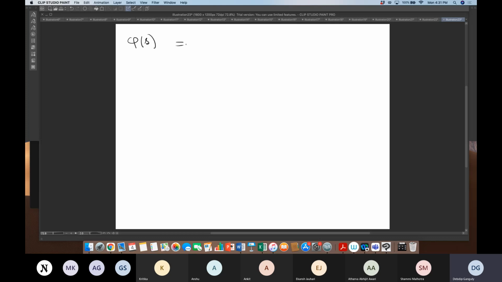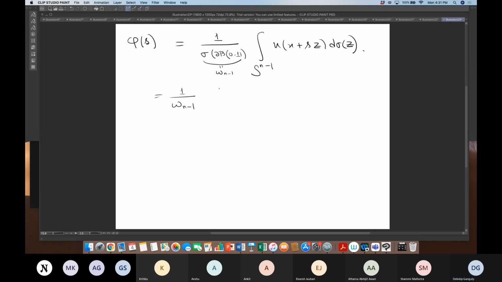Our definition: 1 by sigma of the boundary of B(0,1), that is S n minus 1, u of x plus sz d sigma z. Okay. This I write down as w n minus 1. This is a constant w n minus 1. I am writing this.